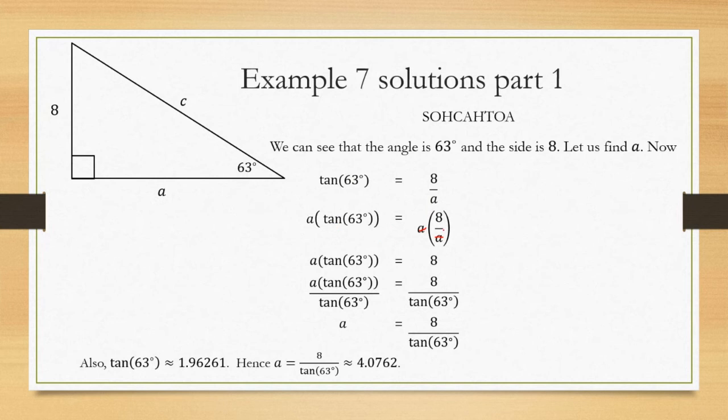But we want A all alone, so we divide both sides by tangent of 63 degrees. These cancel, A's all alone on the left, and on the right we get 8 over tangent of 63 degrees.